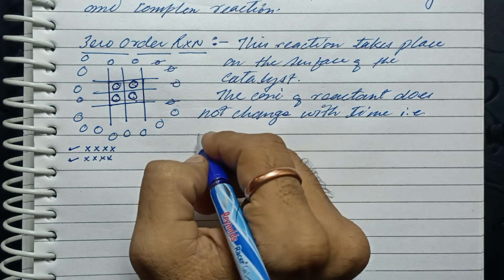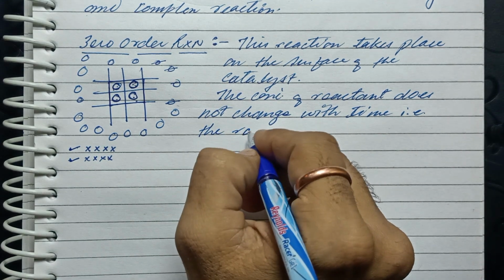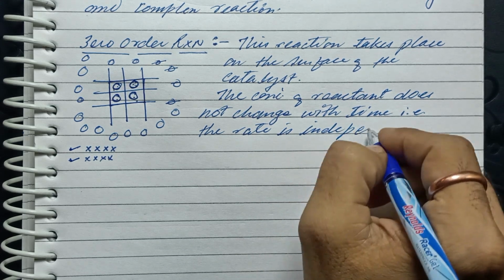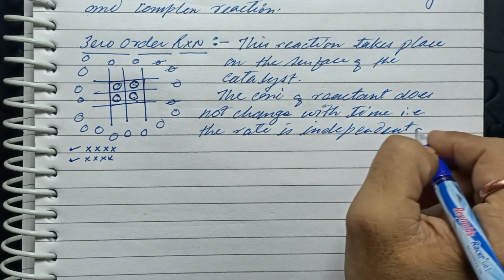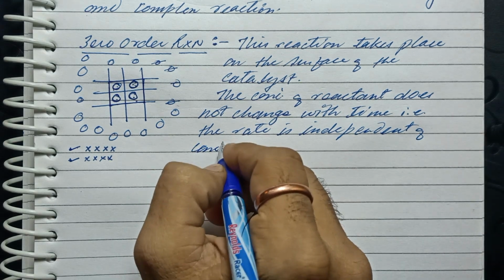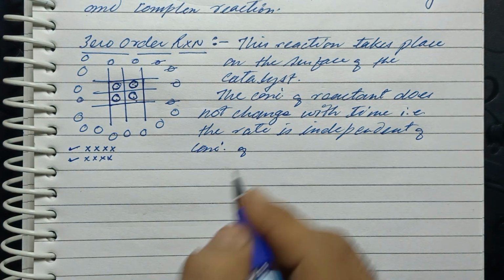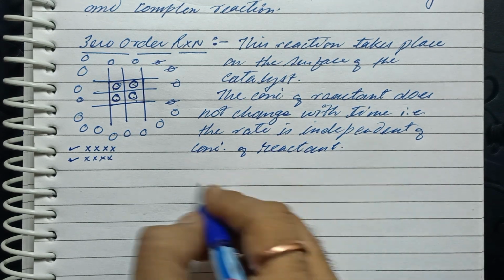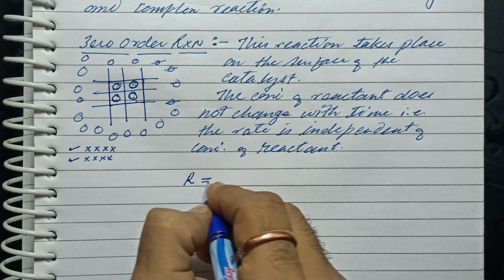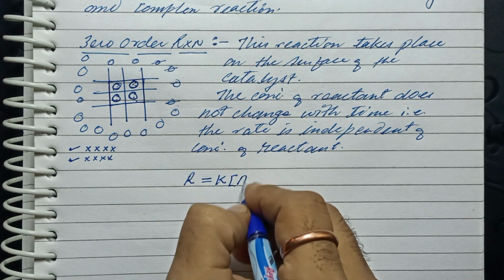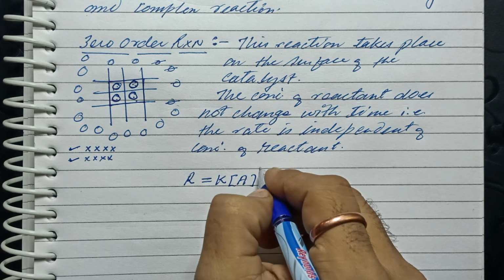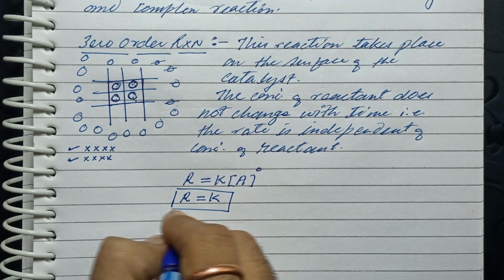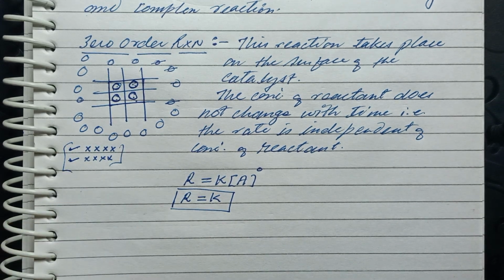That is, the rate is independent of concentration of reactant. For this, R is equal to some constant K, concentration of the reactant power 0. R is equal to K. The rate is constant.